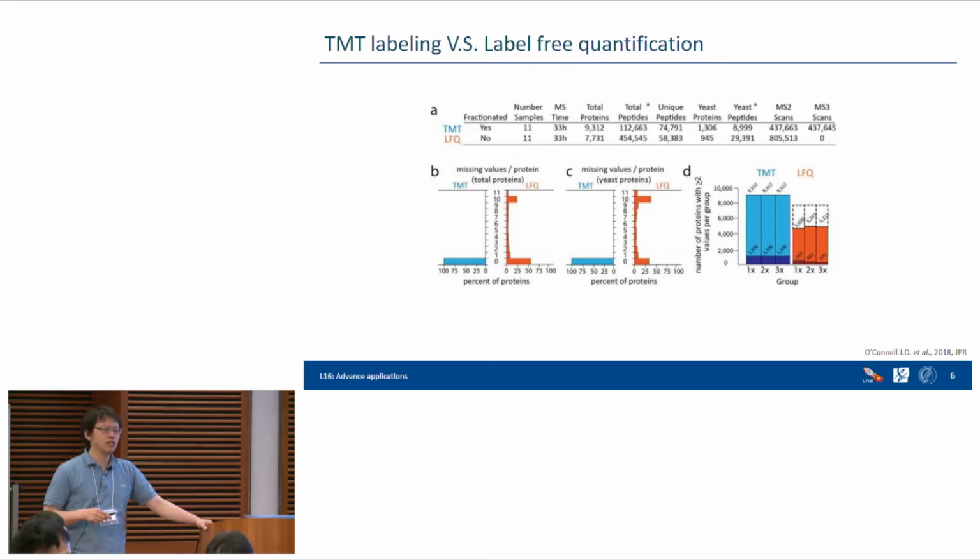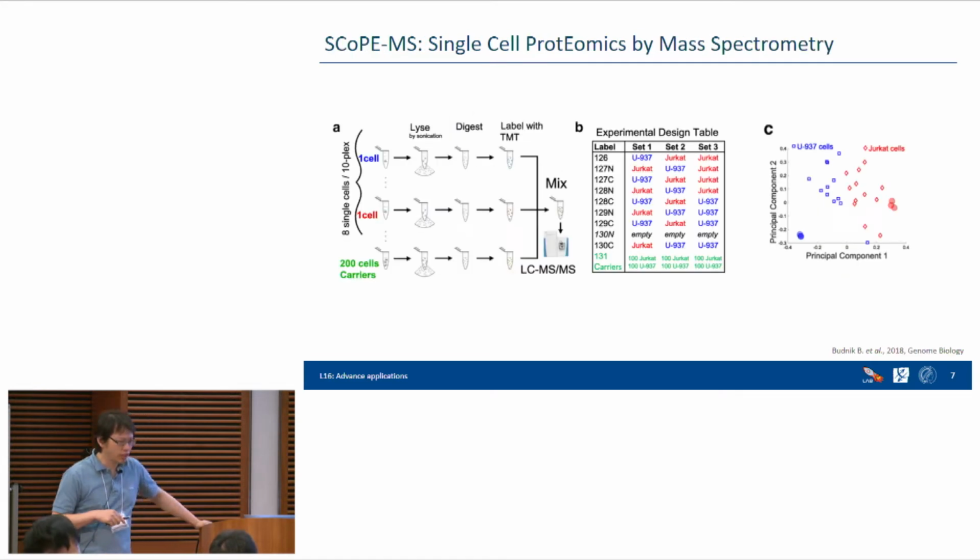So what are the benefits of TMT labeling compared to label-free quantification? This paper was published in 2018 from Ishihama's lab. They compared TMT and label-free for human and yeast.